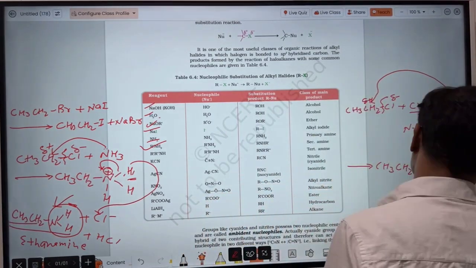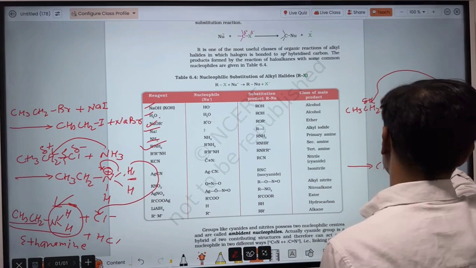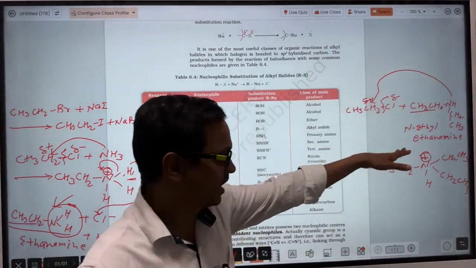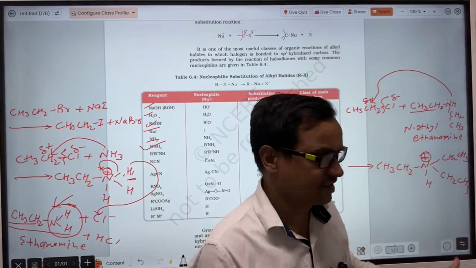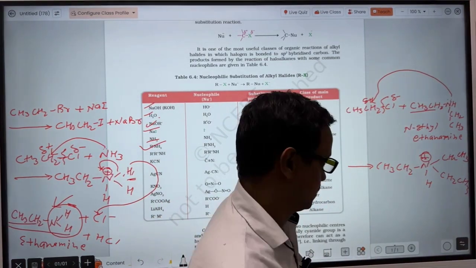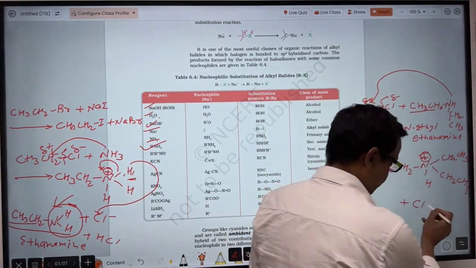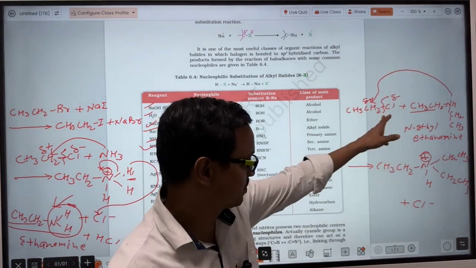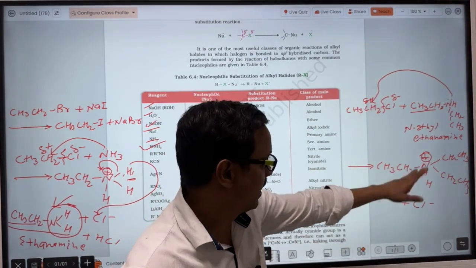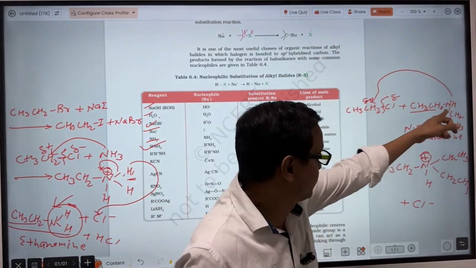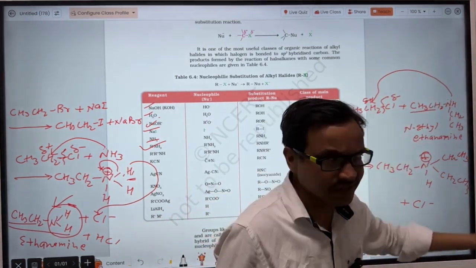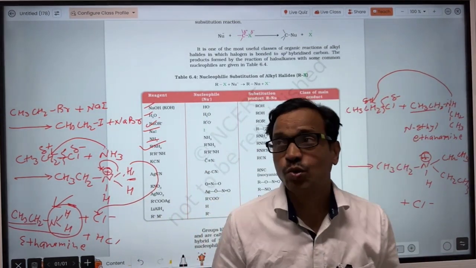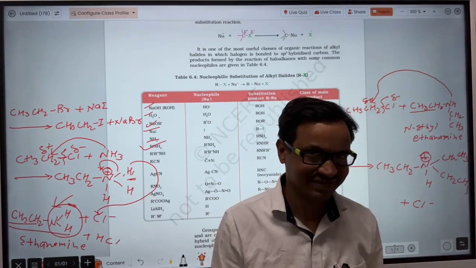and this nitrogen has donated one electron to this carbon, because when the chlorine has gone from there, it has taken its own electron as well as the electron of carbon also. So there will be a negative charge on the chlorine halogen, and this nitrogen has donated one electron to this carbon, and through the other electron it has done covalent bond formation.